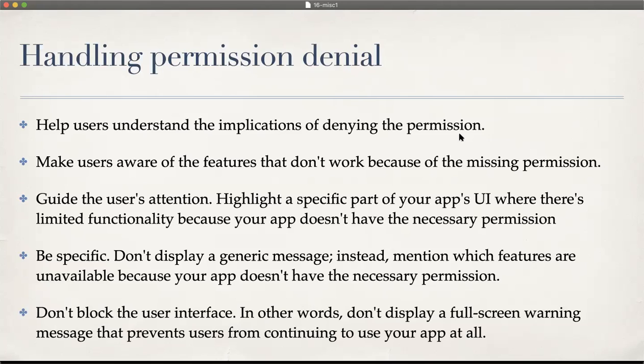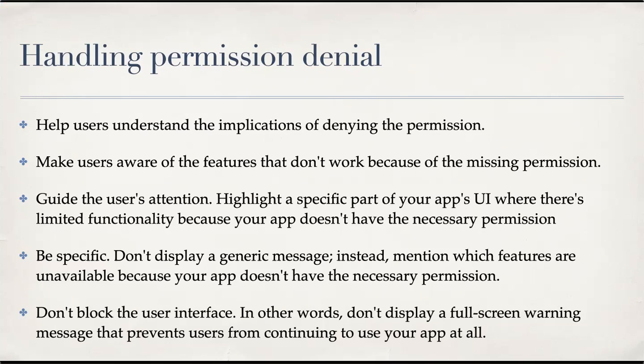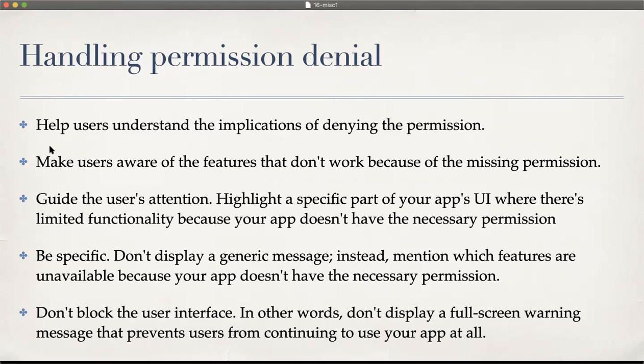So this is how you can handle permission codes. Now, what should you do in case of denial? So now we are kind of going into the best practices area. This is what you should be doing, and not be very obnoxious about using your features. The guide says, help users to understand the implications of denying the permission. Basically make them aware of the features that won't work because of the missing permission.